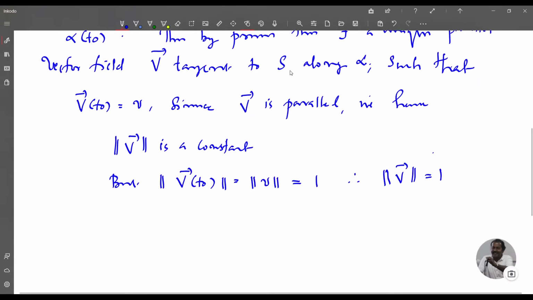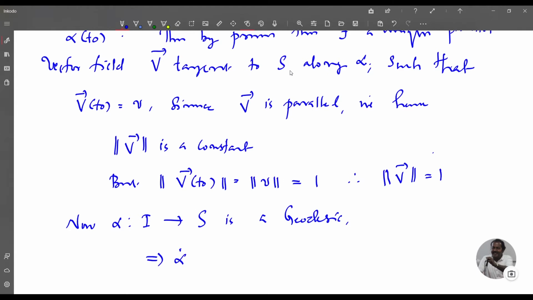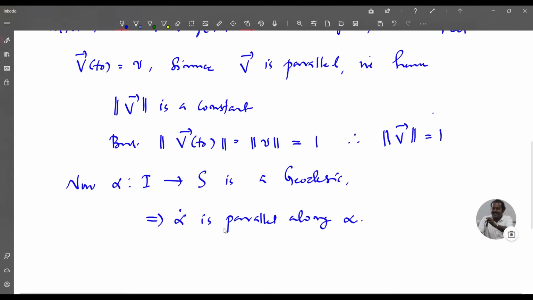Now, you know that alpha from I to S is a geodesic. This implies alpha dot is parallel along alpha. You know that alpha double dot is orthogonal to S, so it has no tangential component.